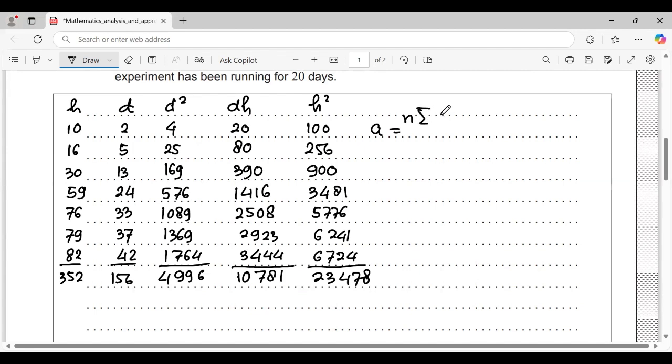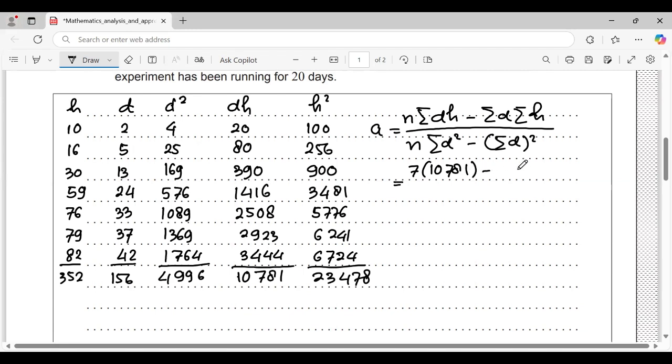over n times sigma D squared minus sigma D, all squared. 7 times 10,781 minus 352 times 156, over 7 times 4,996 minus 156 squared.